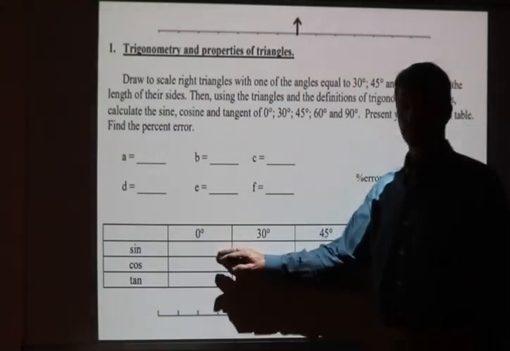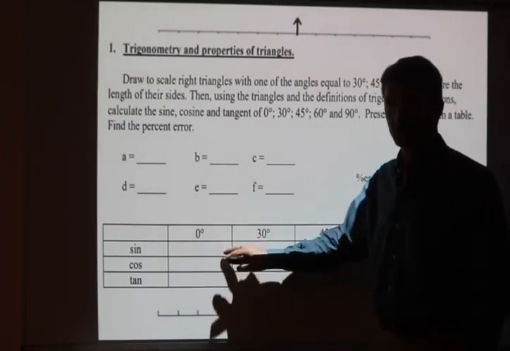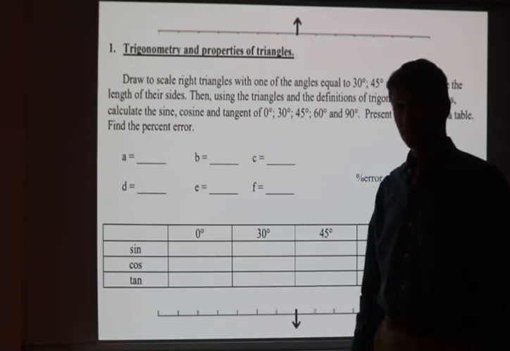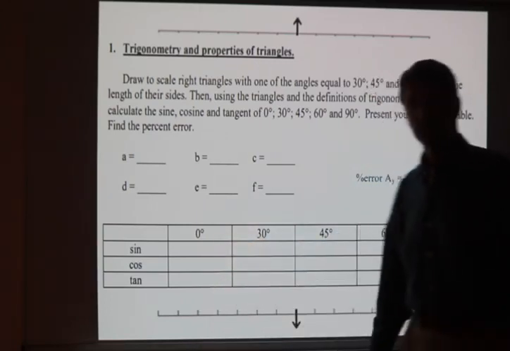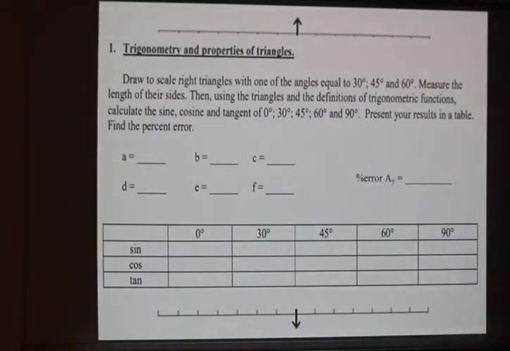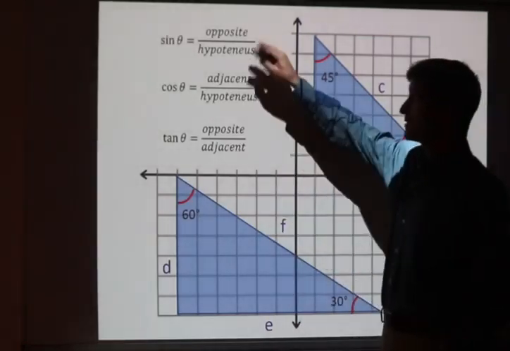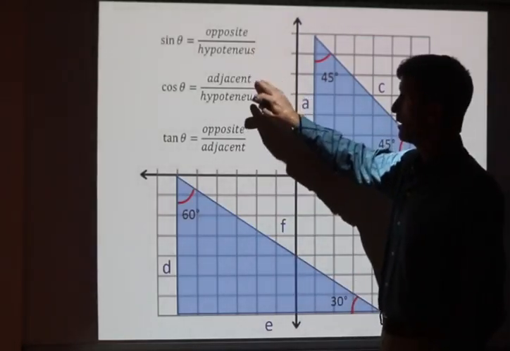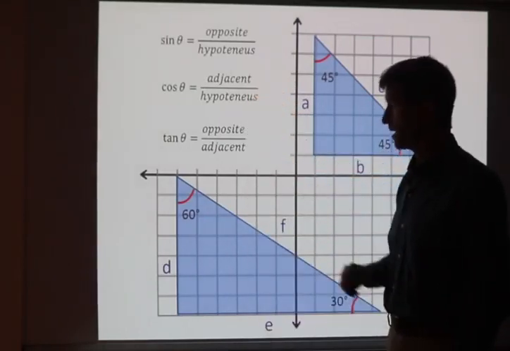We know the sine of 0 degrees is 0, the cosine of 0 degrees is 1, tangent is sine divided by cosine, so that's 0, and you can do the same for 90 degrees. Okay, now, once again, sine is opposite over hypotenuse, cosine is adjacent over hypotenuse, tangent is opposite over adjacent.